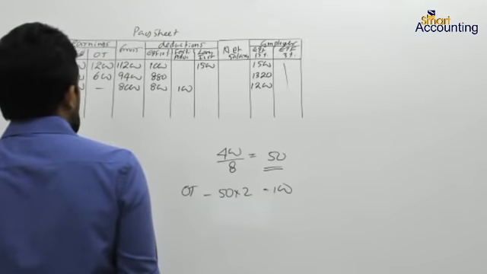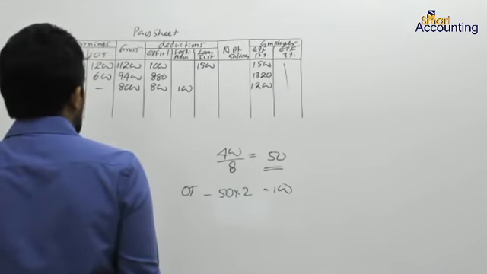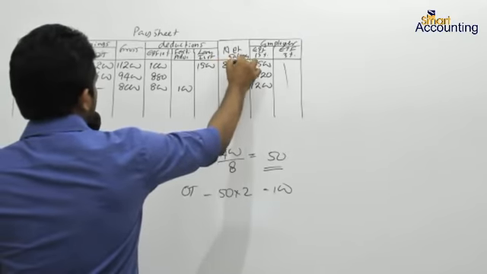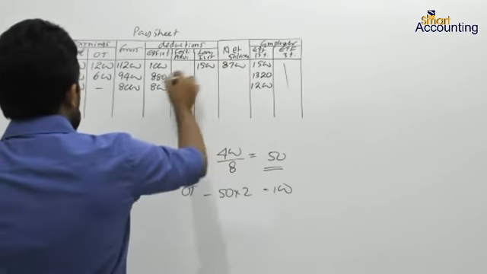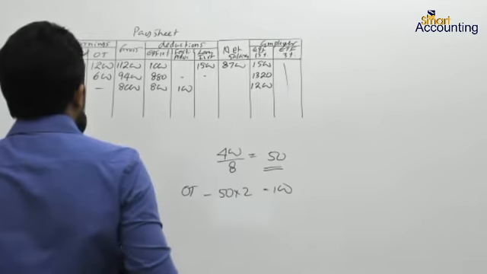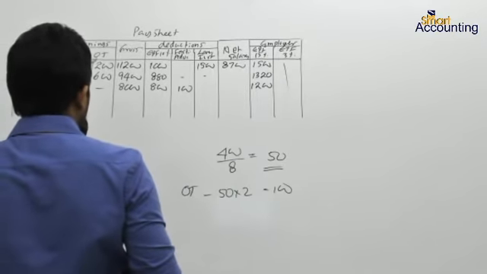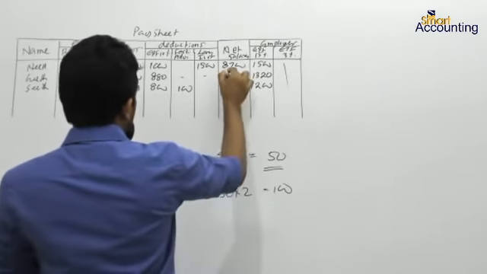11,200 minus this 9,000, 8,700. Here 8,700, here 9,400, 8,400, 8,520.